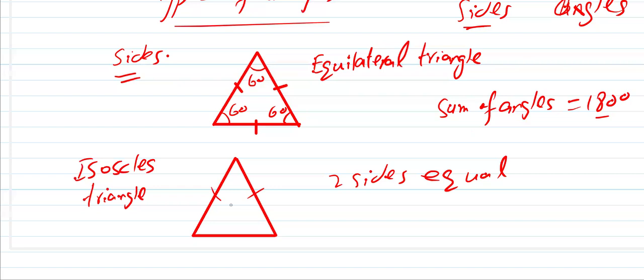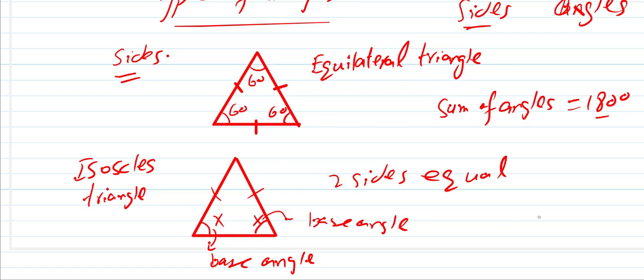Now, in an isosceles triangle, for example, if these two sides are equal, these angles will be called the base angles. This is also a base angle, okay? The base angles are also equal. Whatever this is, if this is x, this will also be x. Okay, they will be the same.